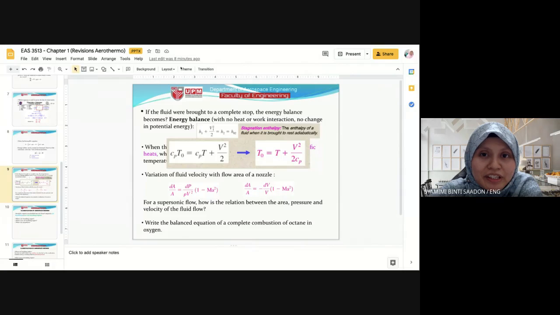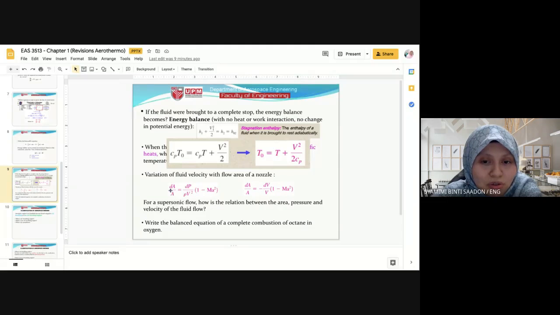So for a supersonic flow, let's look at the first one, the relation between area and pressure. Thank you Faiz. If the supersonic flow has Mach number higher than 1, such as 2 or 1.5, then 1 minus Mach number squared will be negative.